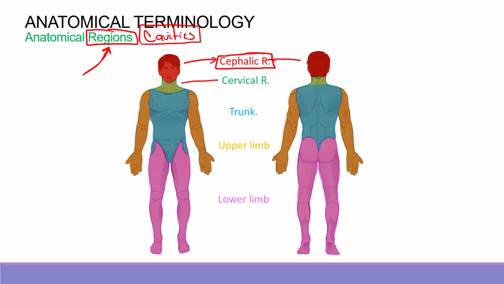The neck, front and back, is what we call the cervical region. The trunk, as we described earlier, is all this in blue, and we remember we use the trunk as a reference to determine what is proximal and distal, and then the upper limbs and lower limbs.